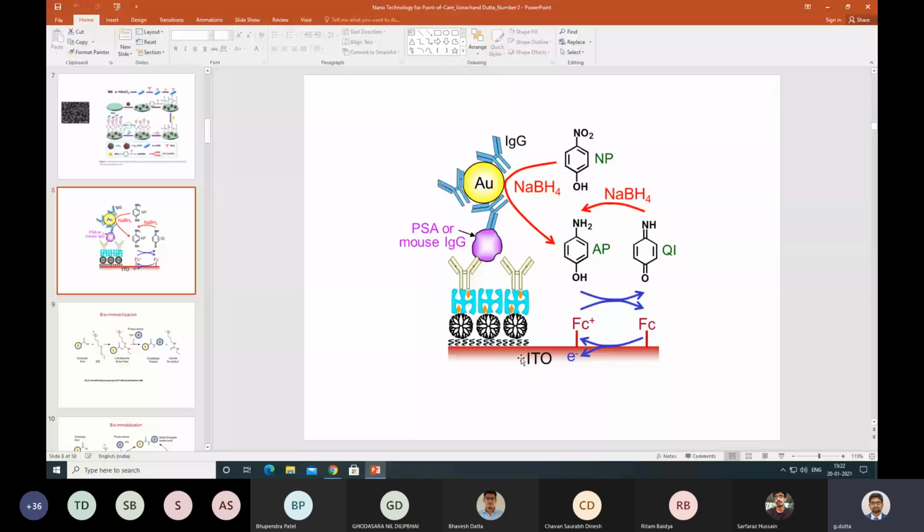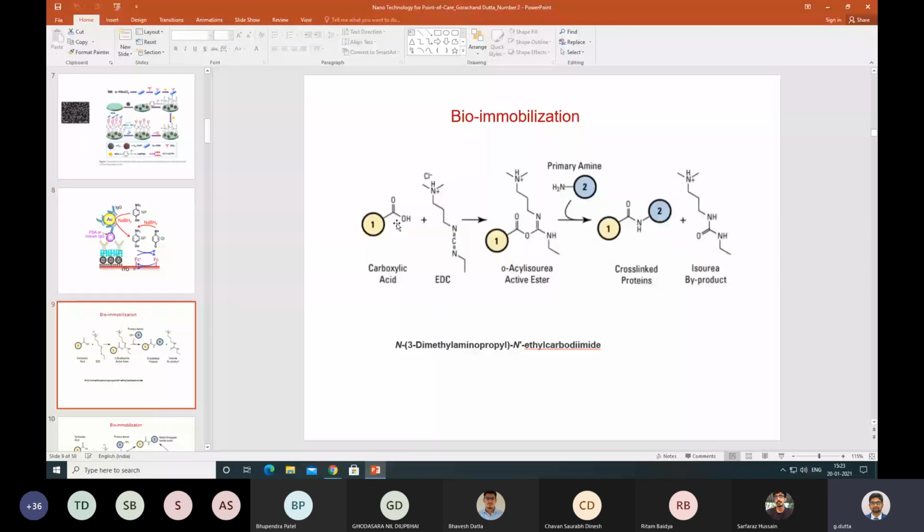So somehow on your surface you have to generate some carboxylic group, COOH. So this COOH group you have to generate on the ITO surface. So how can you generate COOH group? That also is some chemical process.